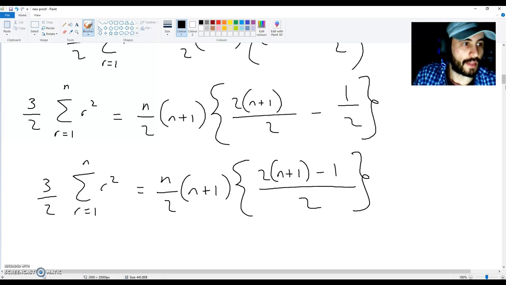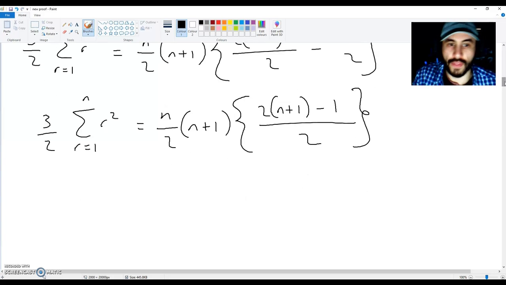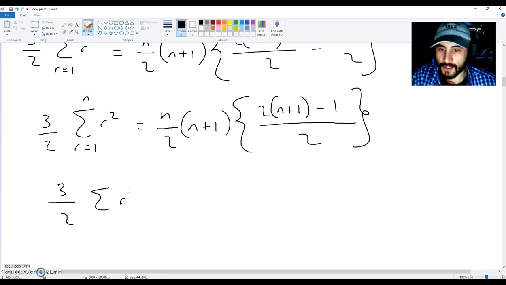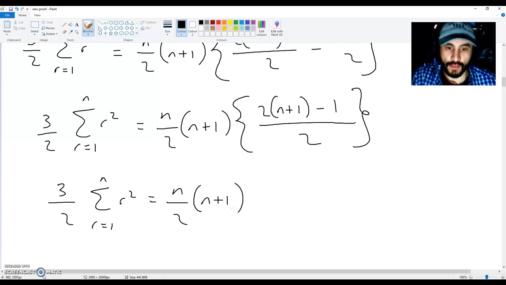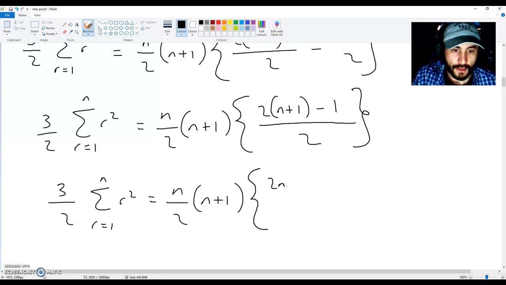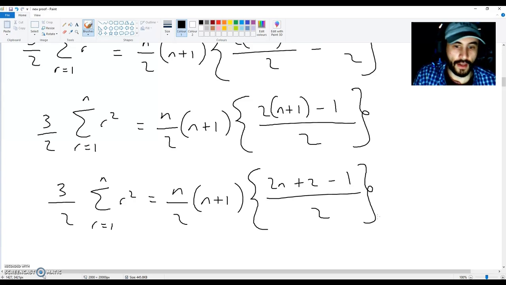And then this is equal to n over 2 multiplied by n plus 1 multiplied by, in brackets, 2n plus 2 minus 1 over 2.